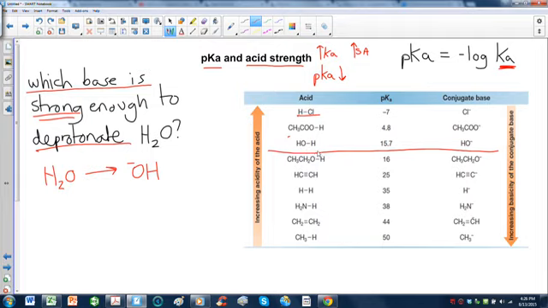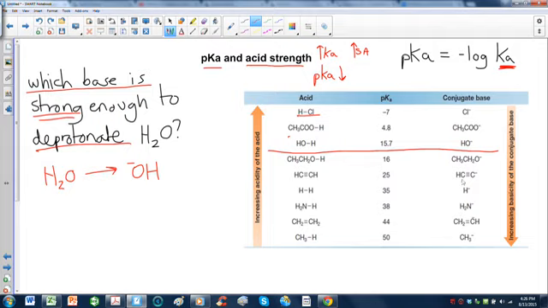So in the case of water, any base in this table that's stronger than the conjugate base of water will be able to deprotonate this water. For example, according to this table, this guy, this guy, this guy, this guy, this guy, and this guy are all stronger bases than OH minus. Therefore, they will all be able to deprotonate H2O.